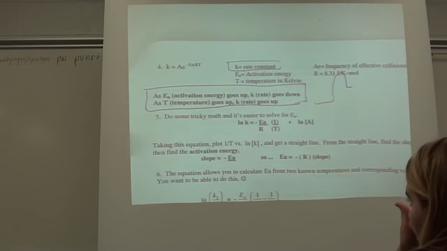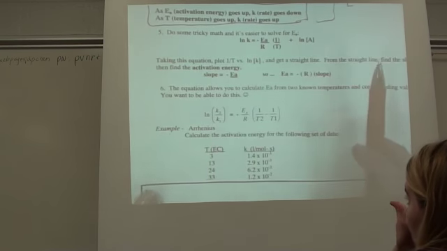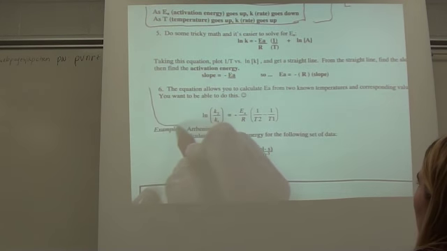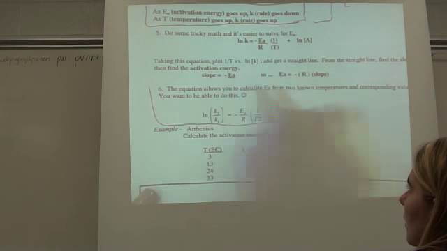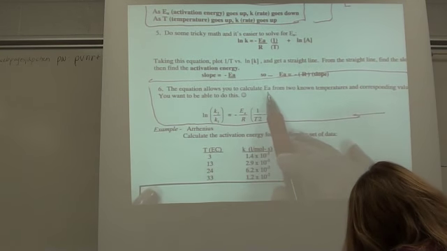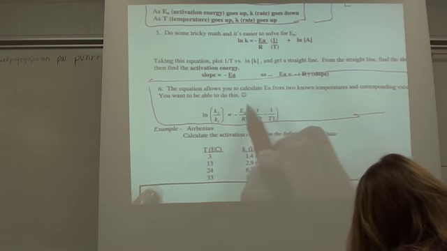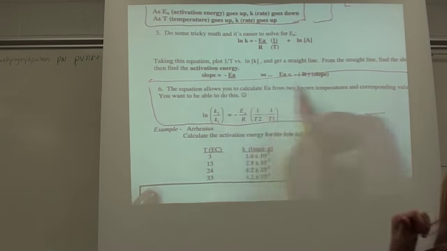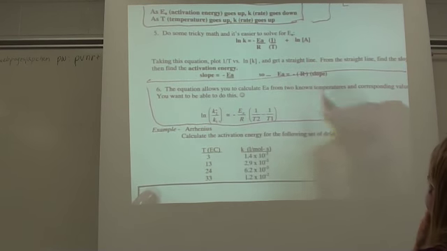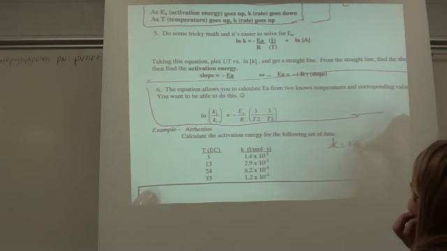All right, tricky math, tricky math, tricky math. Here it is. This is the part you want to know. This allows you to calculate the activation energies from two known temperatures when we're talking about K. Remember, K is the rate constant.